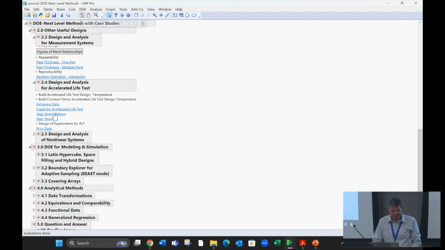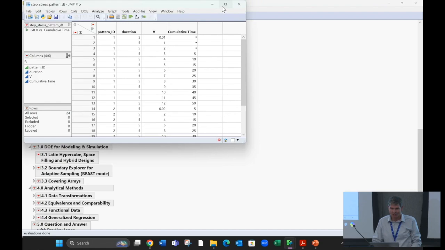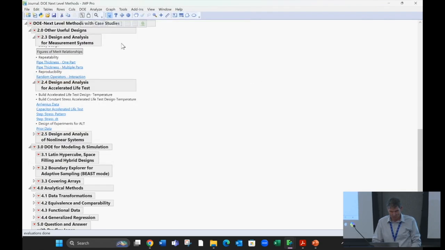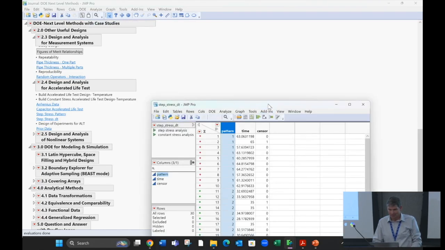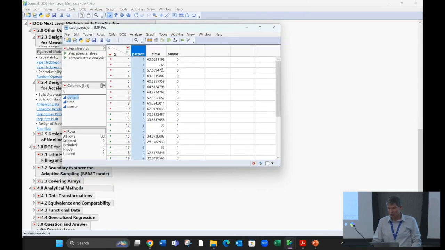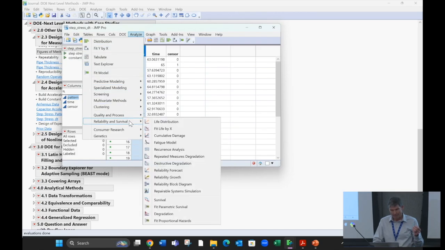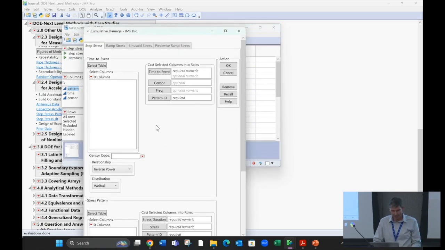So here's the step stress pattern. Actually, I'll open that up as well as the step stress data table. So the data table is actually showing the failures, so whether I was in pattern 1 and then when it failed or it's censored. So a quick view here is if I do Analyze, Reliability and Survival, and come under Cumulative Damage, okay?